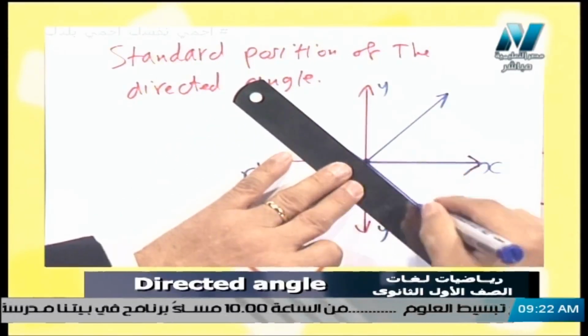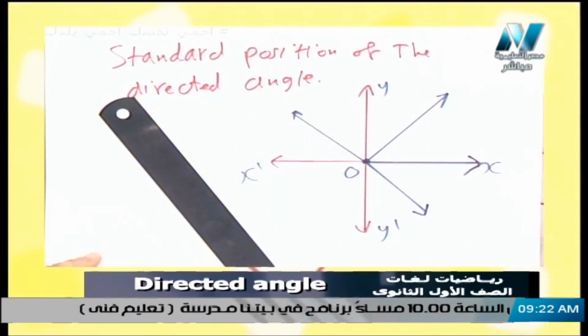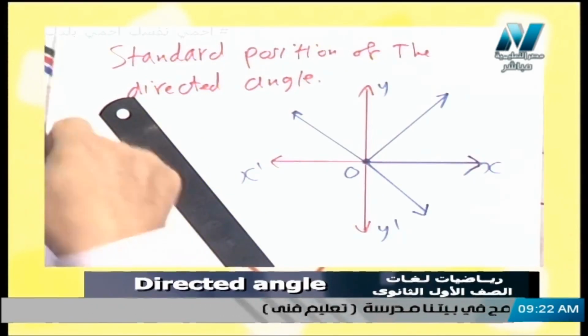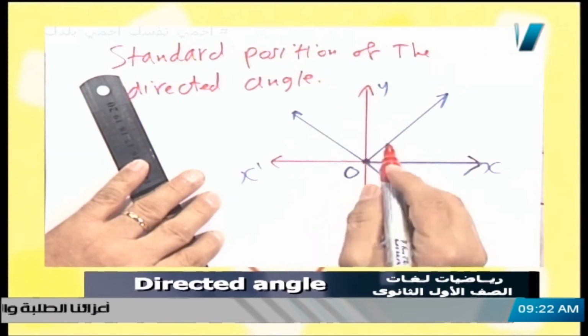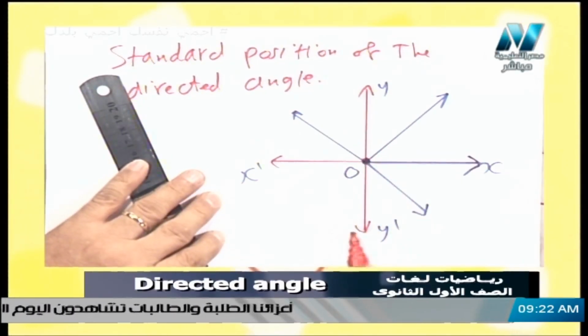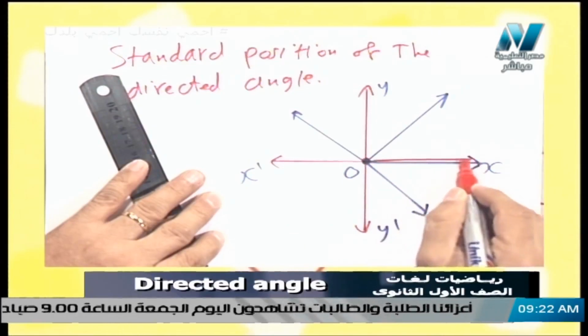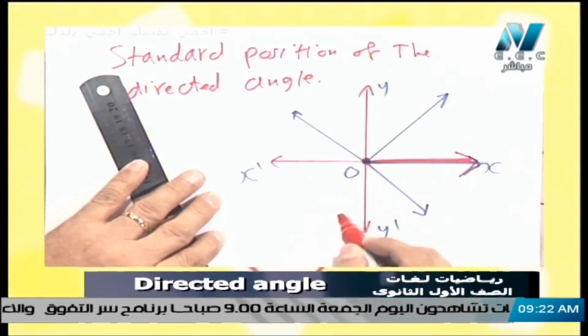It doesn't matter where the terminal side lies, but the very important thing is where the vertex is, which is the origin point, and where the initial side is, which is the positive direction of the x-axis.